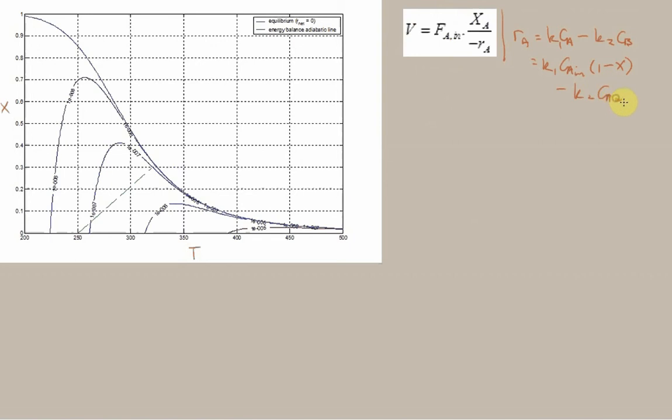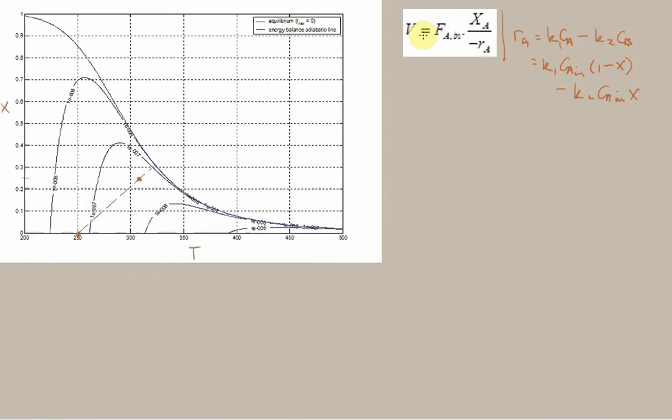C_A0 times X. So we can say that if we have chosen, let's say we've started with that same example, so we entered at 250 and we have chosen a point here. Let's say this is what we've chosen as our exiting conversion, say 25%.